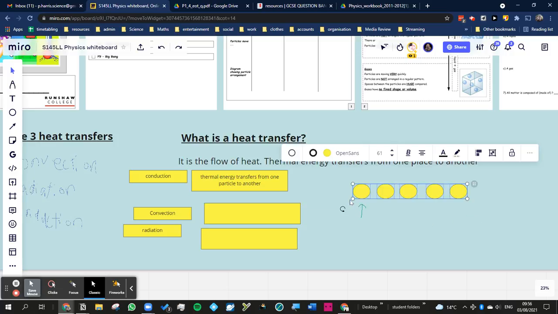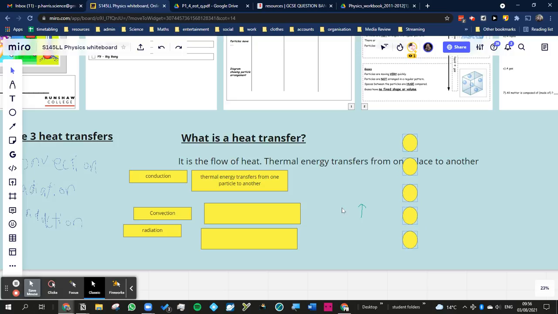Imagine they were that way round. I'll make it a little bit smaller. And I was heating them from the bottom, like you would if it was in a beaker. And I heat the bottom one, and it has lots of energy, it's moving all over the place.